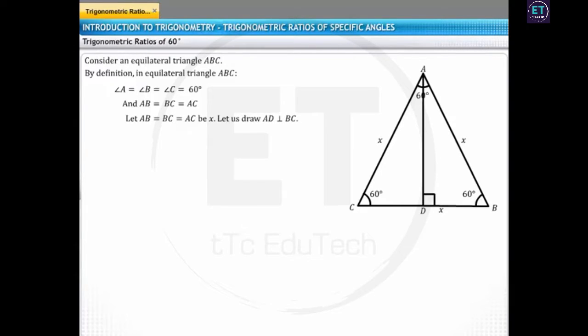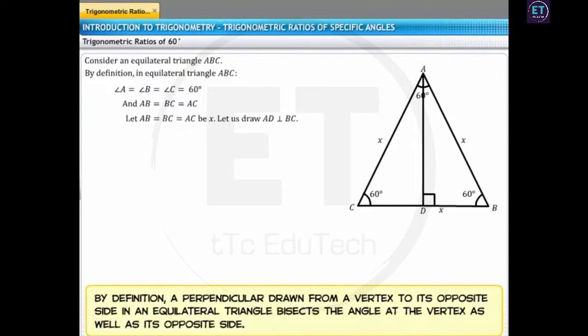Let us draw a perpendicular AD from vertex A to its opposite side BC. Again, by definition, a perpendicular drawn from a vertex to its opposite side in an equilateral triangle bisects the angle at the vertex and its opposite side.